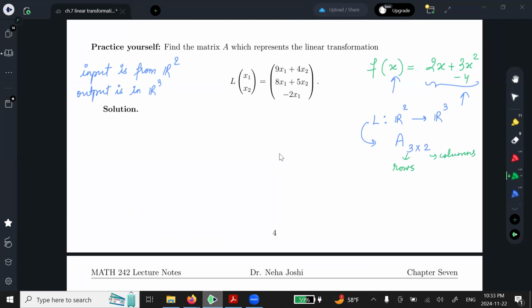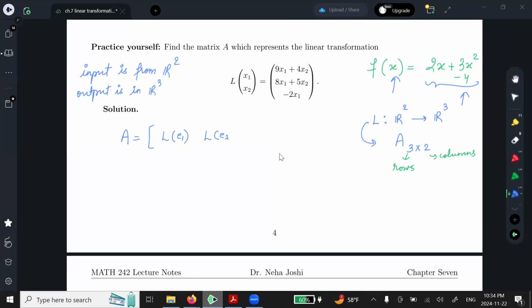And we'll do a quick refresher here. How do I find this matrix? The columns of the matrix A will be the image of each vector in the standard basis of the domain.